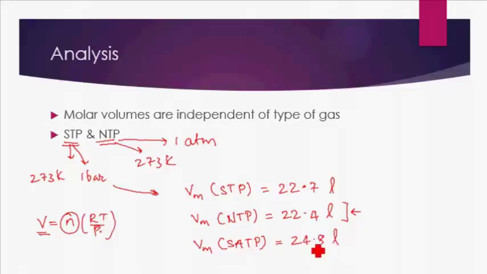This you might not remember, you can calculate it in case there is a requirement in a question, but at STP and NTP the values of molar volume must be memorized. You won't have time to solve it, and these values are quite often used in various numerical and even in some theory questions. So just remember these values by heart.